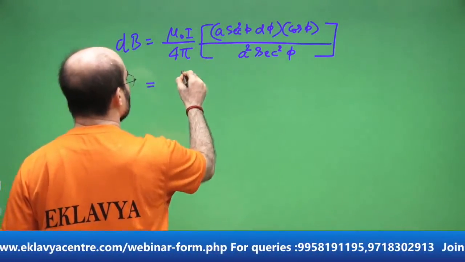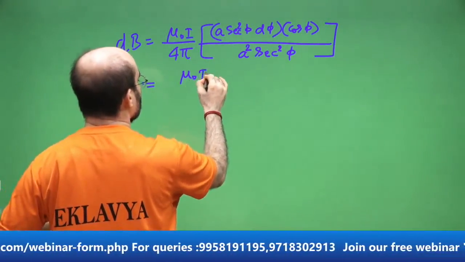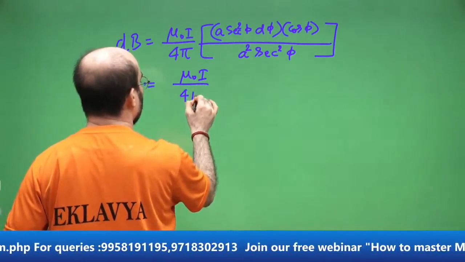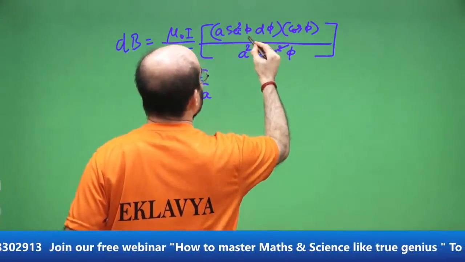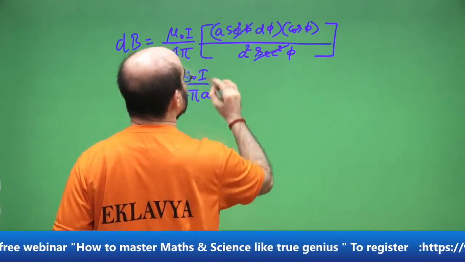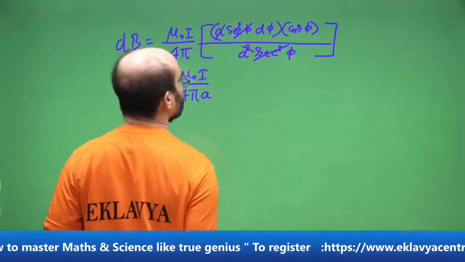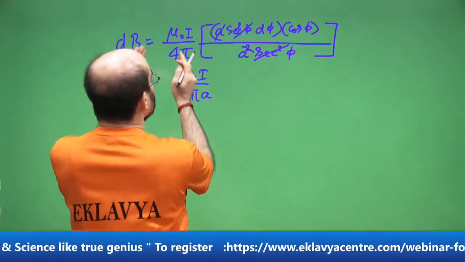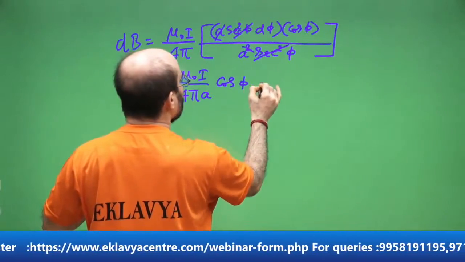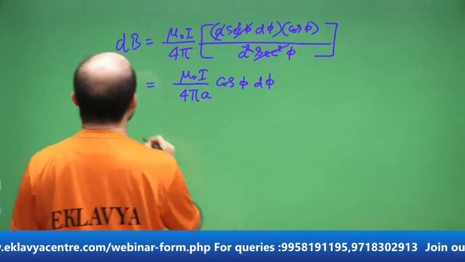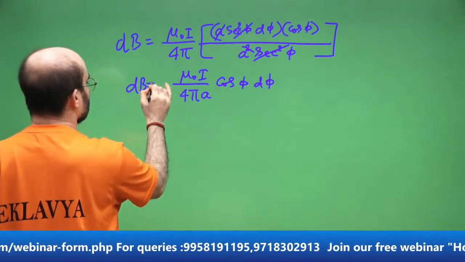Now if we move further, the a sec square phi gets cancelled, so finally we have mu naught I by 4 pi a into cos phi d phi. So dB comes out to be this.